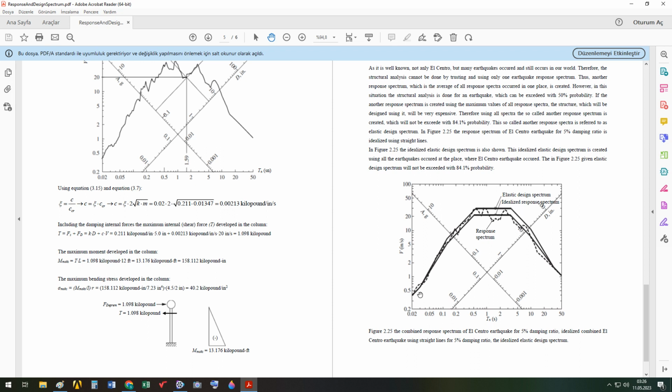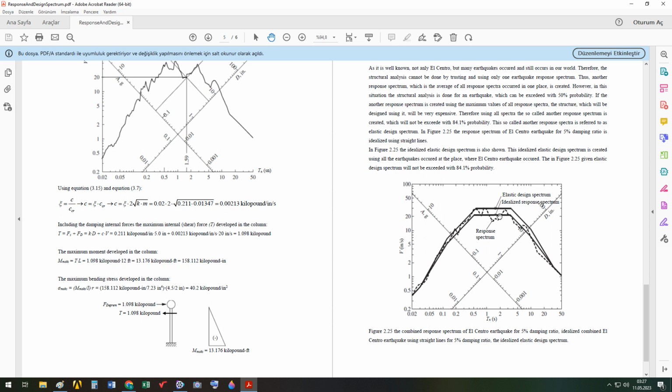Now, this curve belongs to one response spectrum, which belongs to El Centro. We idealize this response spectrum using straight lines. And there are other response spectrums of the earthquakes developed at the same place.